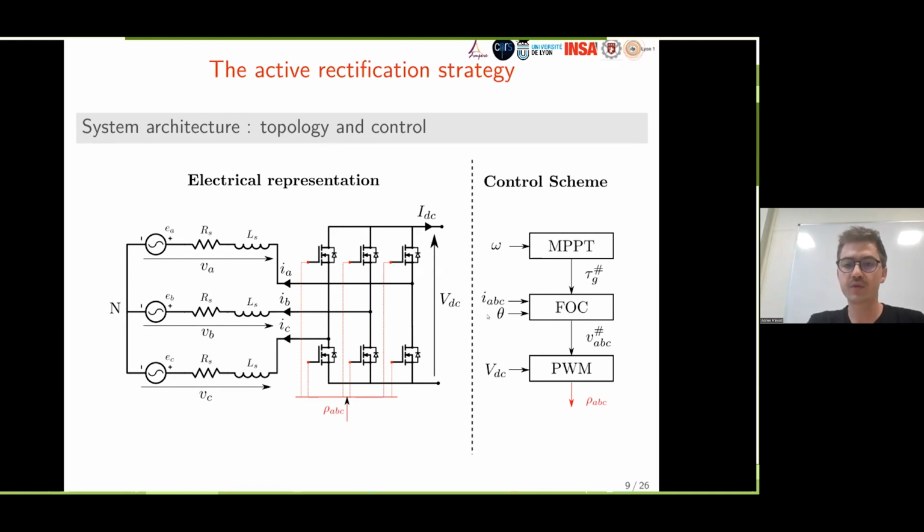I'm talking about the angular position of the rotor, which is important to synchronize the currents with the position of the rotor to achieve a good control of the torque and optimal power factor. And this is transmitted to a PWM algorithm. Here we use space vector PWM.